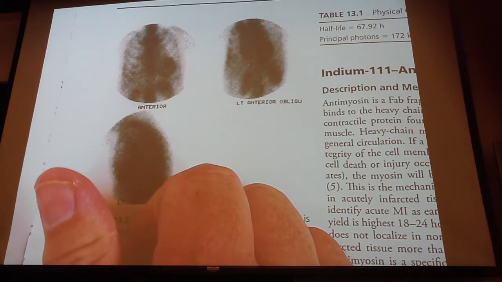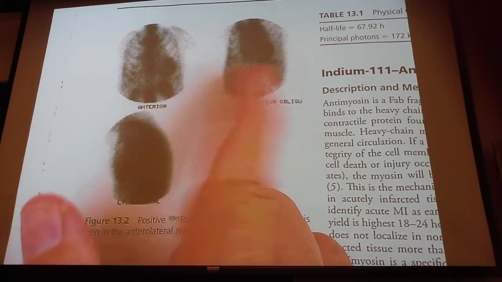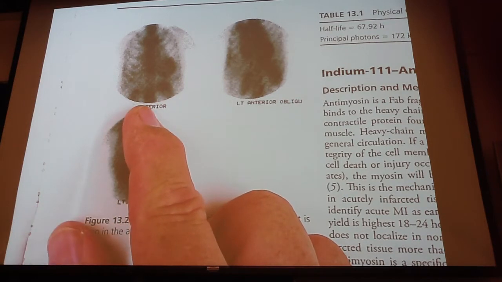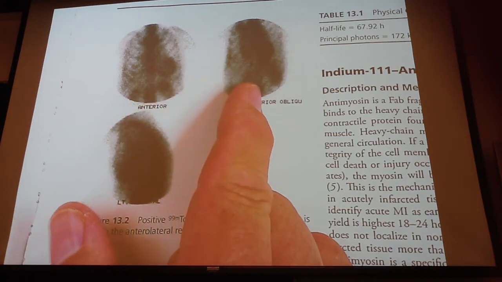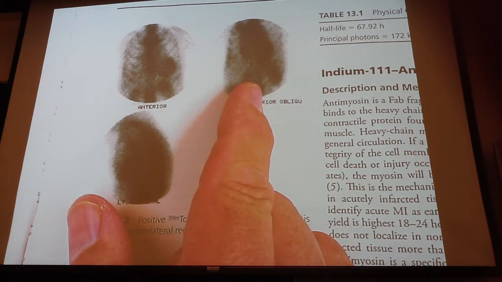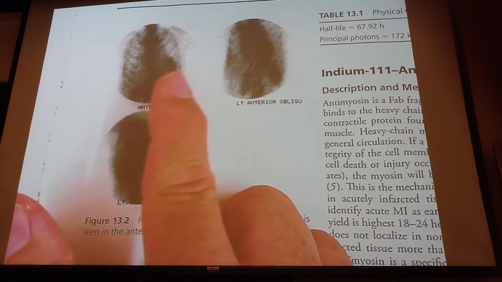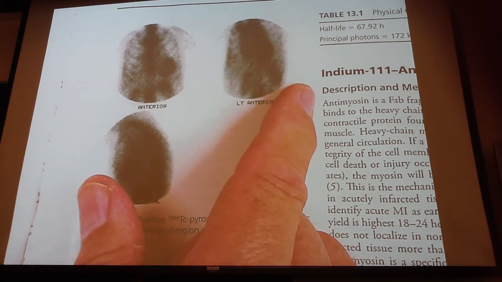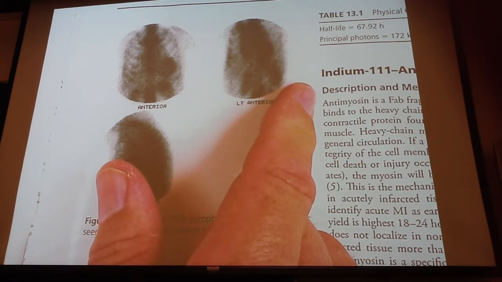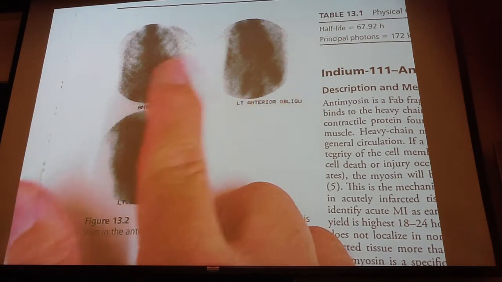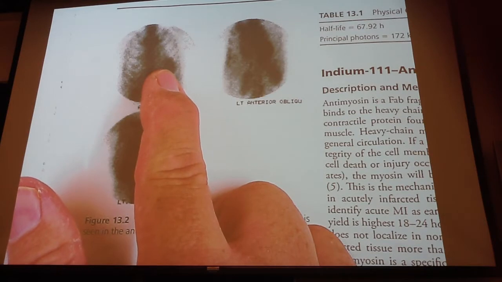Typically, you can't image these patients right away. If I'm complaining of chest pain right now and you do a pyrophosphate study on me, it's normal. You wait 24 to 48 hours, and then it's going to start being abnormal. One of the reasons is that the mitochondria in the muscle, when they die, take in calcium as part of the scar tissue development process.